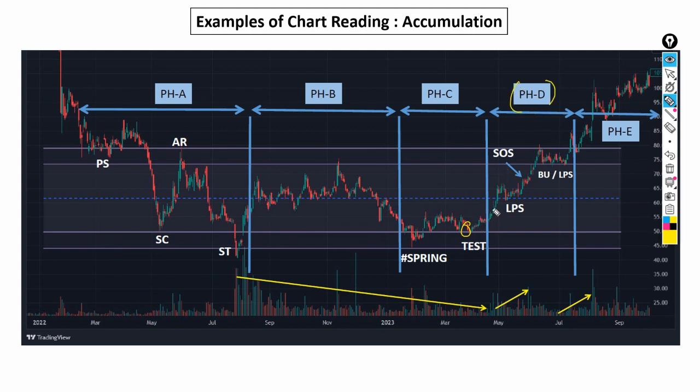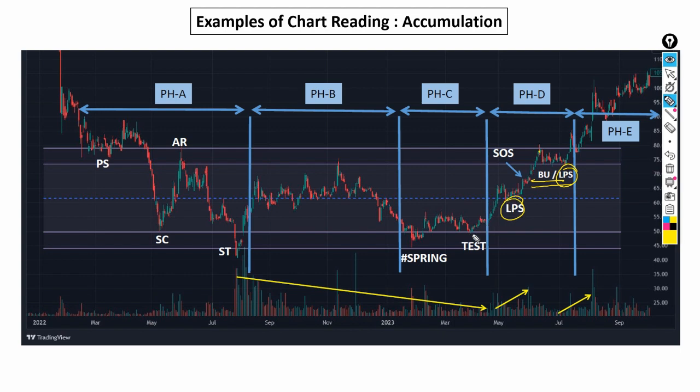We continue, entering phase D. Here we see a nice sign of strength beginning from the lower end of the trading range and entering the higher range of the trading range. Here we spend some time, which is nothing but absorption of supply, where the last supply is absorbed at the top of the trading range, which is also known as the backing up action, or it can also be called LPS.